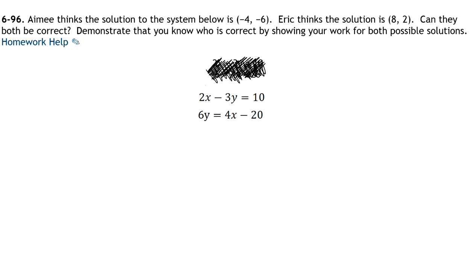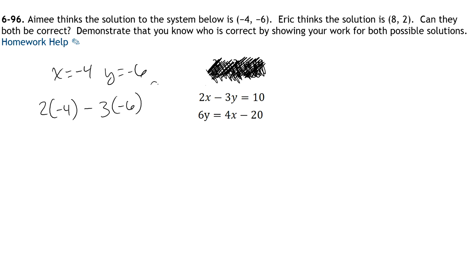So for Amy, she thinks that x is -4 and y is -6, and we're going to plug those values into both equations and see if they make it true. The first equation is 2 times x, so 2 times -4, and then to that I'm going to subtract 3 times y, and y is -6.